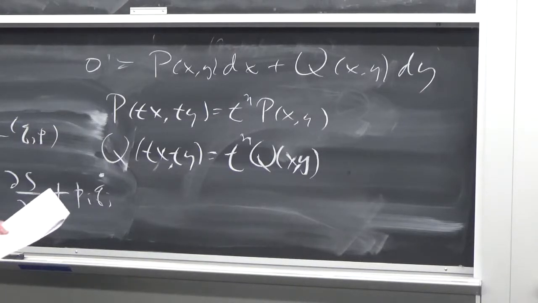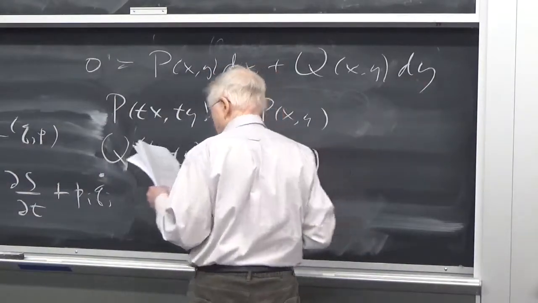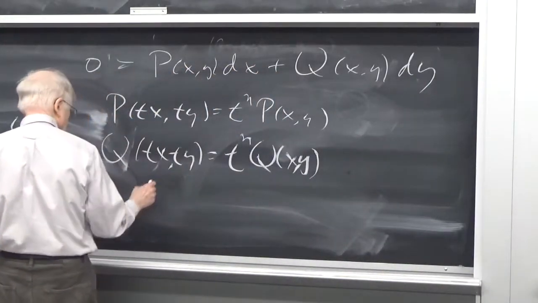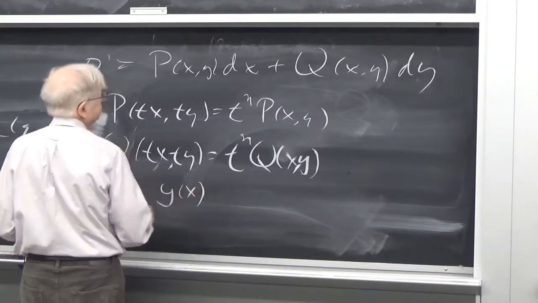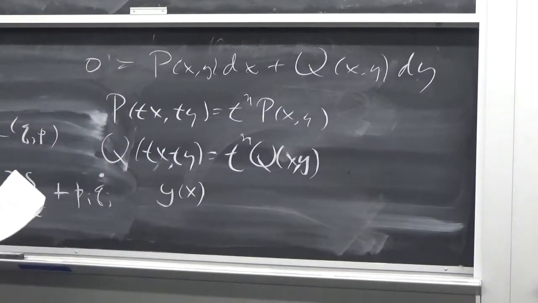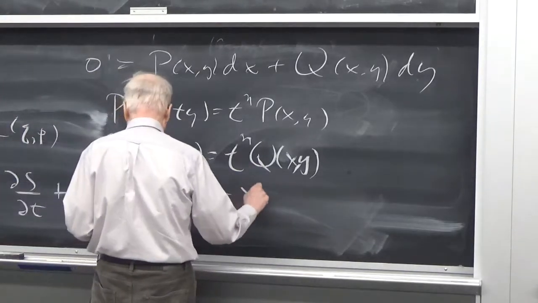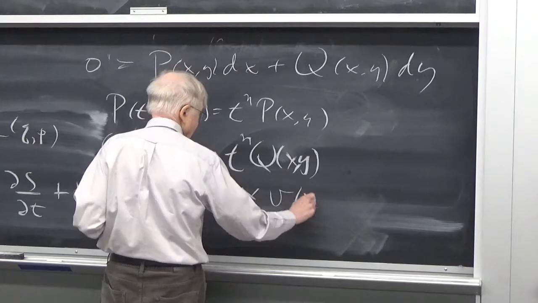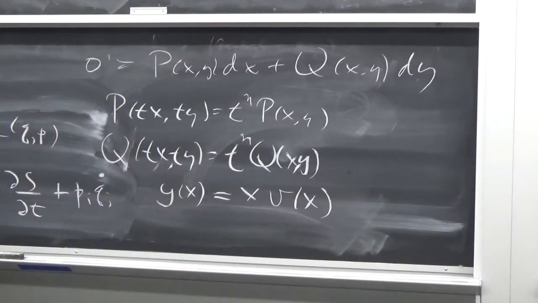And we're also going to make a change of variables. We're going to change y of x, and of course that's the solution that we're looking for. We're going to let y of x equal x times some v of x. So v of x is just the unknown solution y divided by the independent variable x.